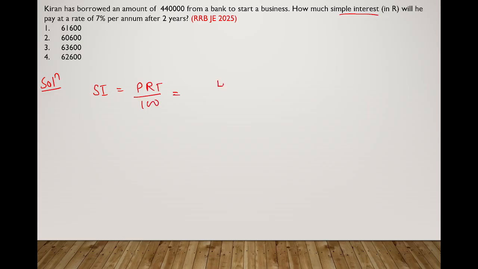The principal is 44000, the rate is 7 and the time is 2 years, divided by 100. 7 twos are 14, so the last digit should be 6, and then we multiply and get 6160. So option A is right. Let's go to the next.